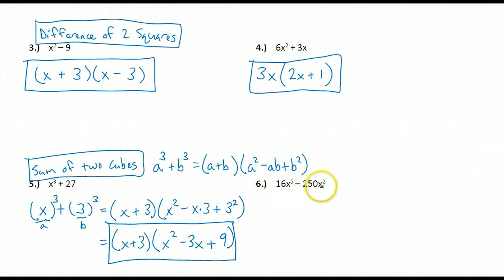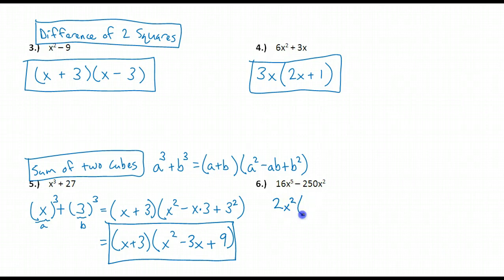Looking at example 6, there's a monomial that's common between both 16 and 250 and x to the 5th and x squared. So step one before I do anything is I want to factor out the biggest common factor of these two terms. Well, that biggest common factor is going to be 2x squared.